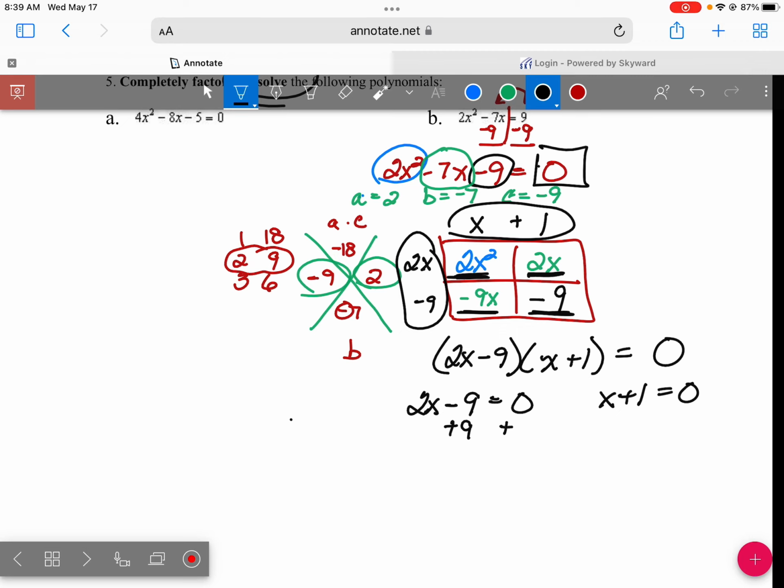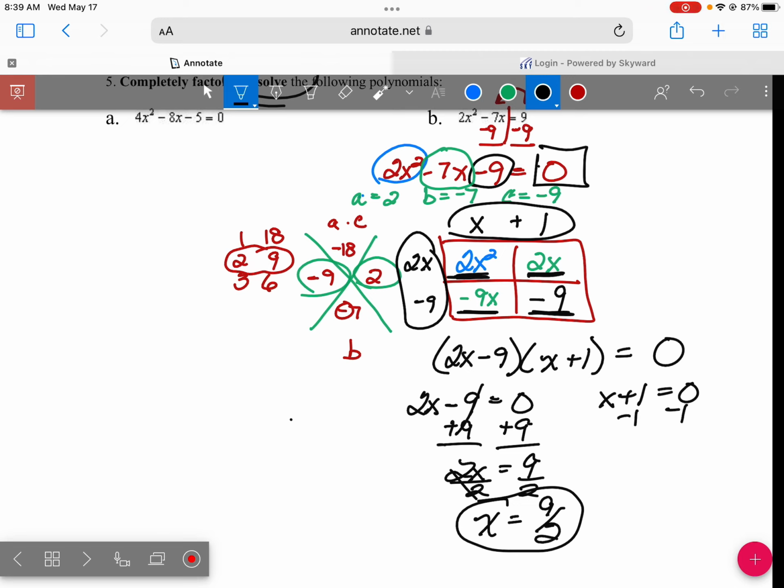Add 9 to both sides. 2x equals 9. Divide by 2. And x is equal to 9 halves. That is one of your roots. On the other side, subtract 1, subtract 1. X is equal to -1. There's your other root. Questions on that?